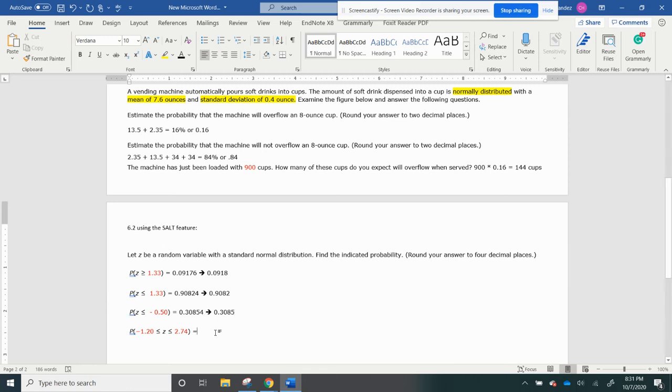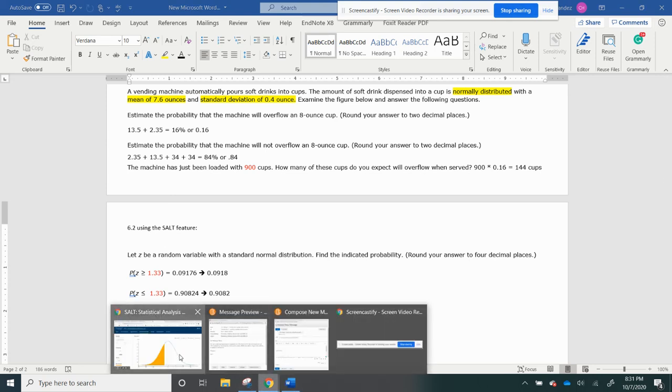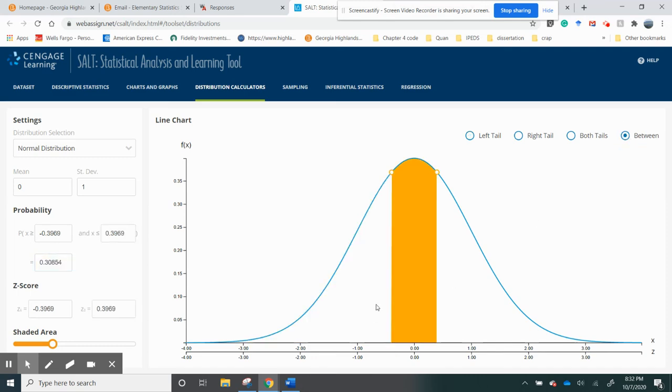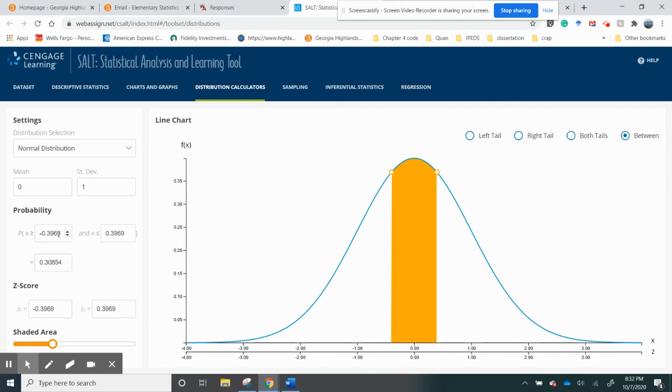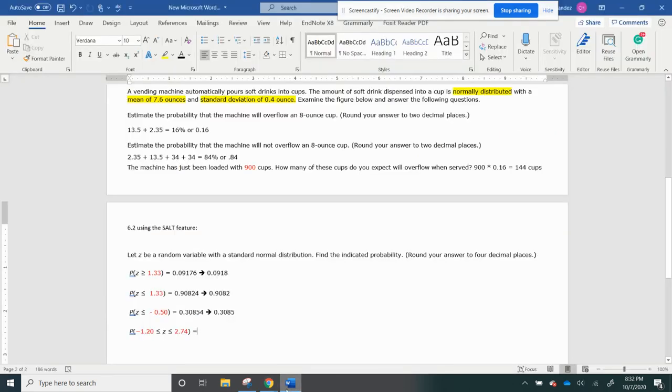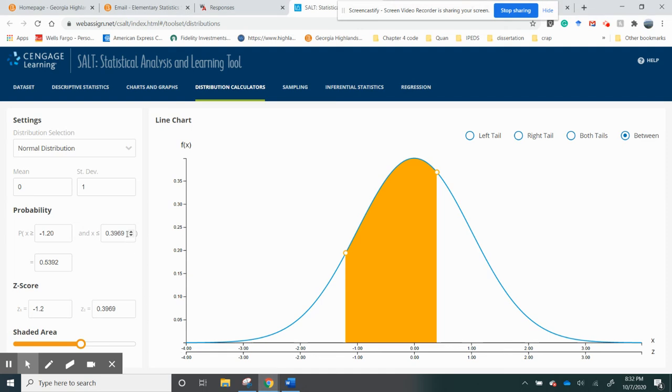Now this next one is a between scenario. How do I know it's between? I have a value here, then Z in the middle, and a value here. So you go to between. The first one it wants me to look at is negative 1.20, and you need to make sure you clear everything from before. Then the second value is 2.74.